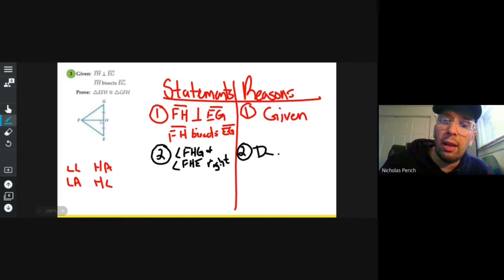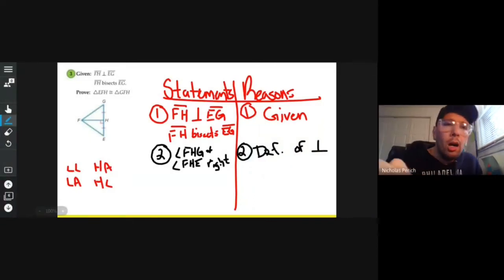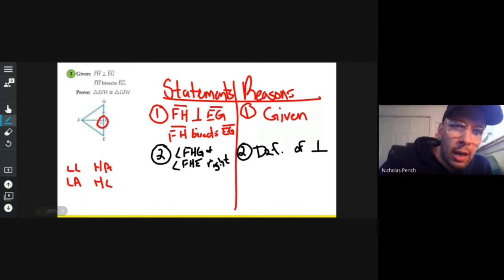I have to say that. It's not as obvious, but that's why we do this practice. Definition of perpendicular. Upside down T means perpendicular. So that takes care of that part.